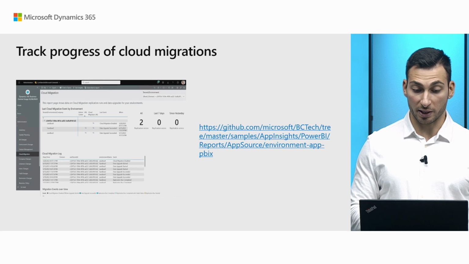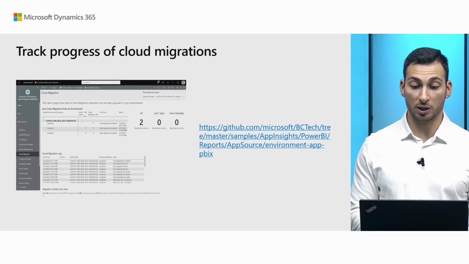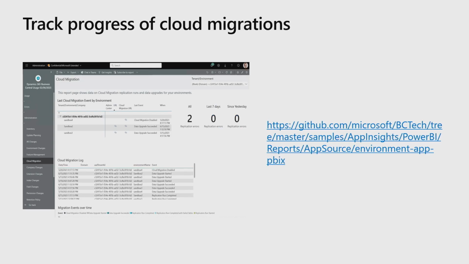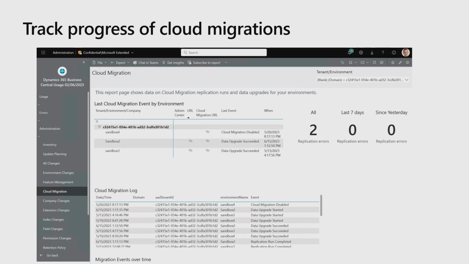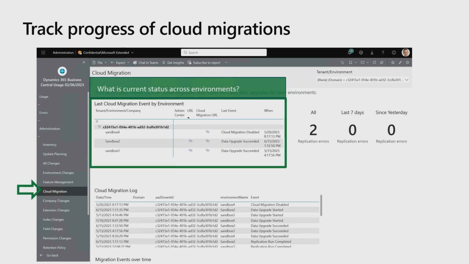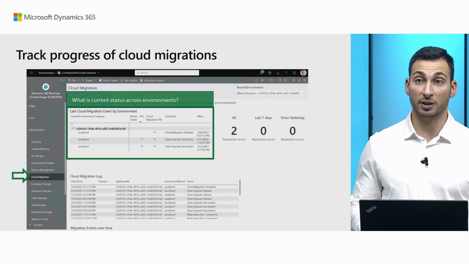And a convenient use case, if you have telemetry enabled, is of course to use the Power BI report app available on AppSource. If we drill down into this app, specifically we can see that it has a cloud migration tab. And this one can become very convenient if you, for example, are running cloud migration across different environments and you want to inspect the status of the migrations throughout the environments.